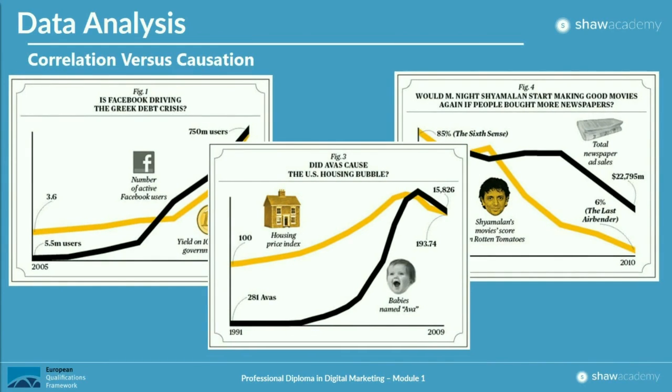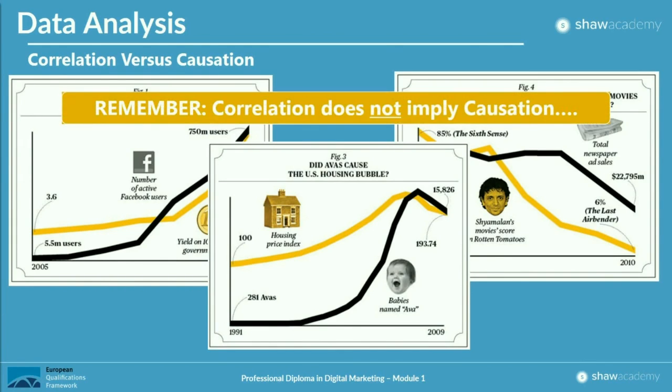All right, so the point here is that we really just need to remember that correlation does not imply causation. Just because it looks the same and it looks dependent on one another doesn't mean that it is the case. Okay, for a marketing example, let's say that you've been running an advert on Google AdWords, and you've been seeing an increase in sales, but at the same time, you've also hired someone to manage the blog on your website.